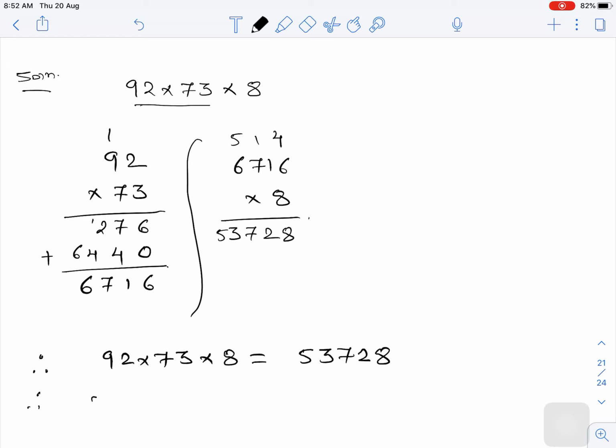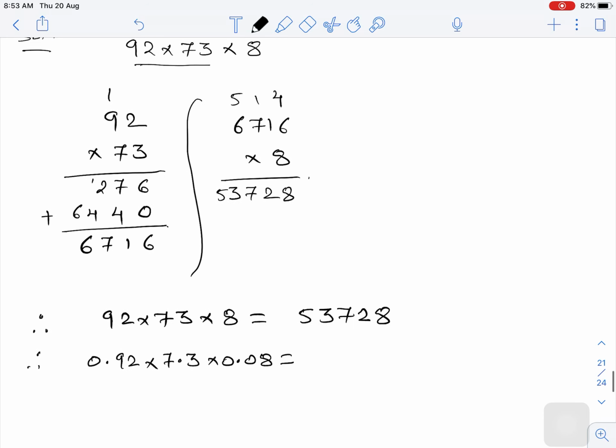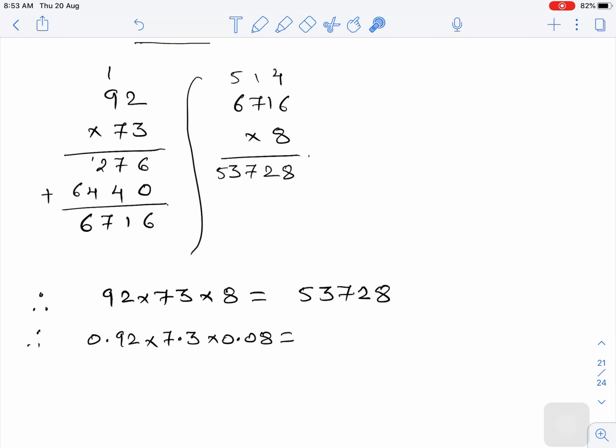Therefore 0.92 into 7.3 into 0.08 equals, okay, now what you have to do, look at the decimal places. Its decimal place is 2, its decimal place is 1, its decimal place is 2.